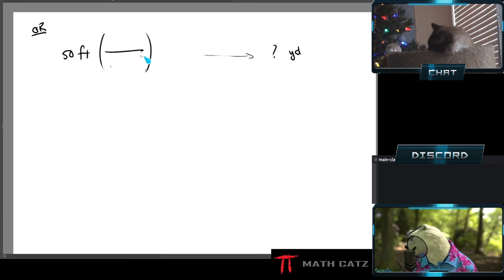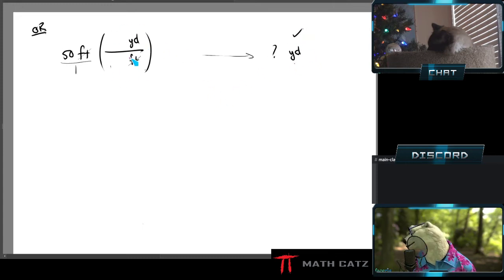So I'm going to make a fraction here, and this fraction is going to be my reference pair, feet to yards. I'm going to put feet in the bottom and yards in the top because when I simplify the units, remember this is over 1, fraction, a top and a bottom can cancel, the feet can cancel with those feet, and I'll end up with yards. So the unit is correct.